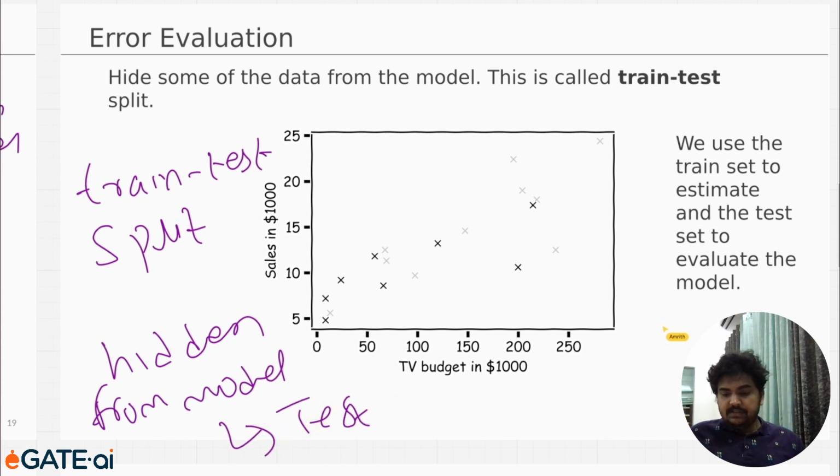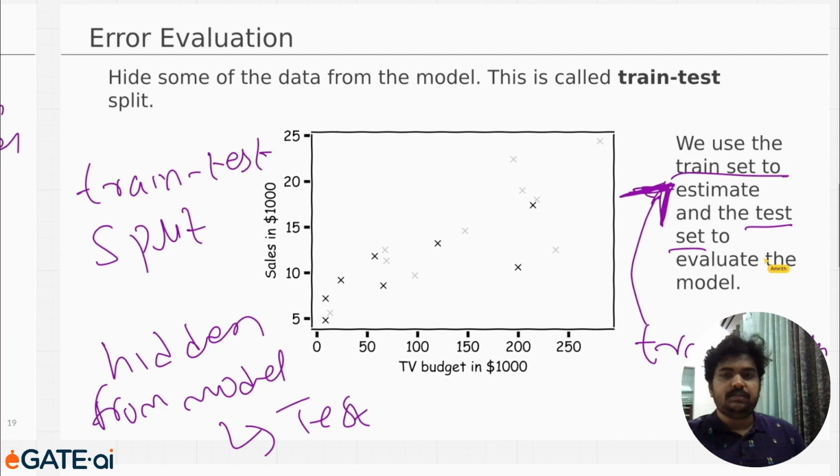The rest is used to learn, so training data is used to estimate. To estimate this f hat, which best approximates f, we use the training set or the training split, and we use the test set or the test split to evaluate.